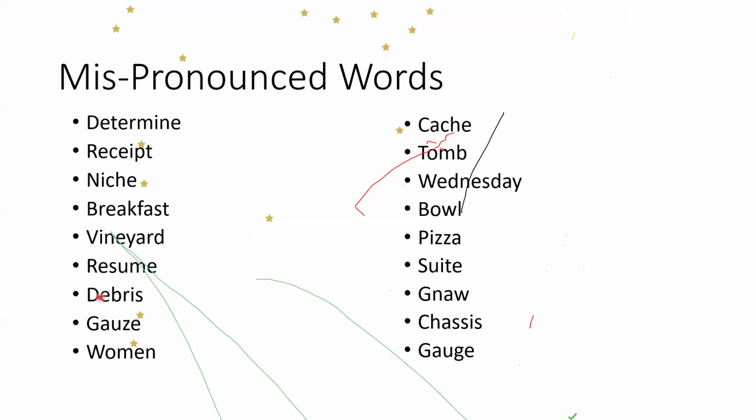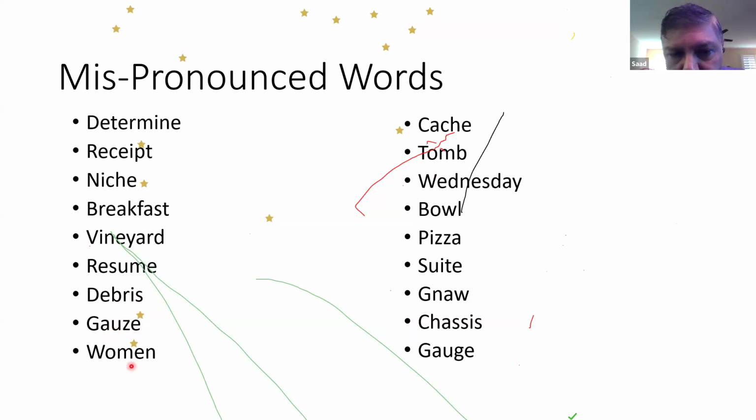Yeah, go ahead. Sir, I think so. It's debris. Others? Yeah, you can raise your hand. Okay. Let me give you the answer. It's not debris, it's debris. The S is silent completely.